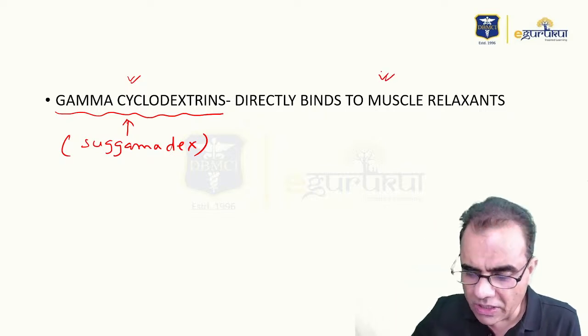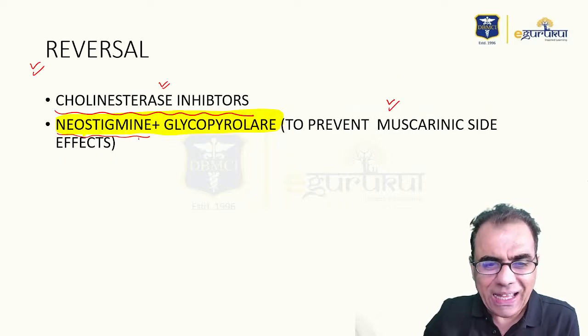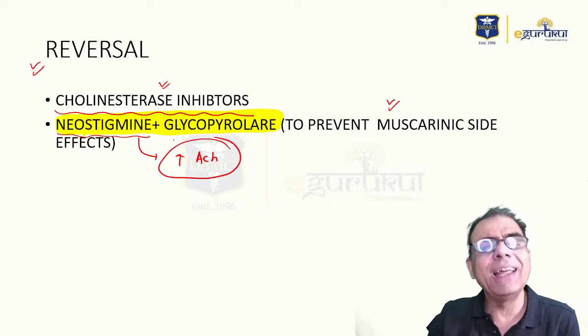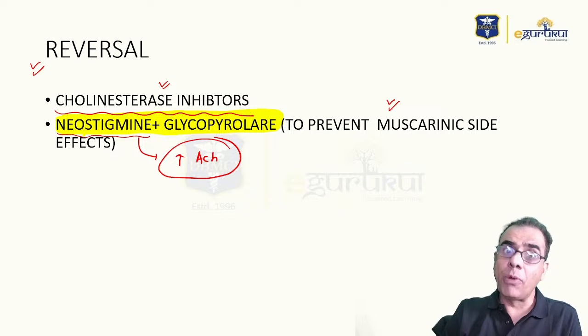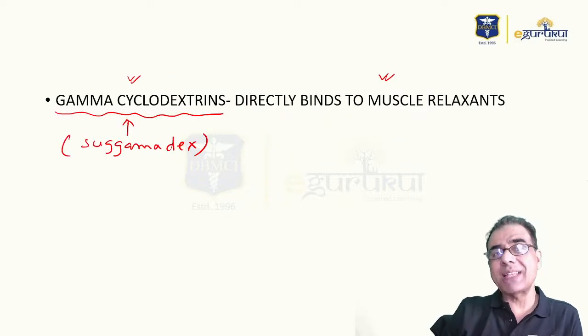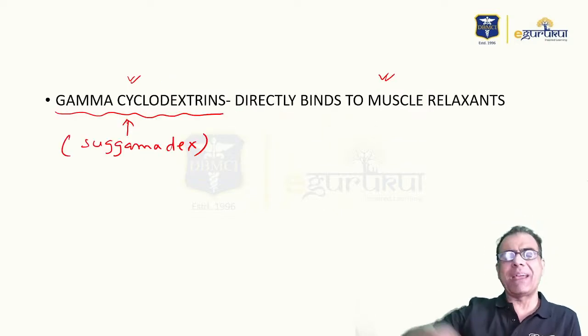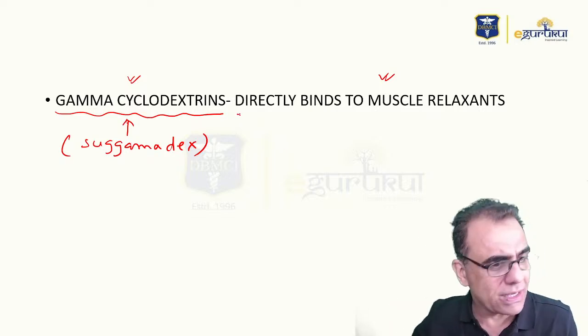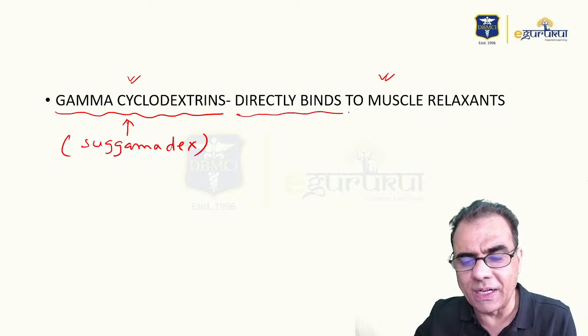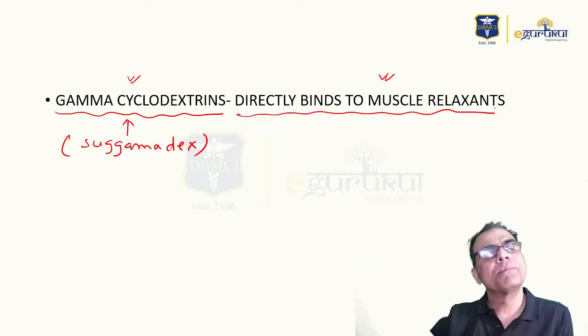See, neostigmine acts indirectly by increasing the acetylcholine. It doesn't directly reverse; this acetylcholine then competes with non-depolarizers. Whilst gamma cyclodextrin Sugammadex is just like a magnet, it directly binds to the muscle relaxant, forms a complex, and that complex gets eliminated through the kidney.